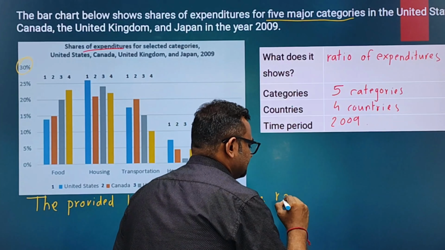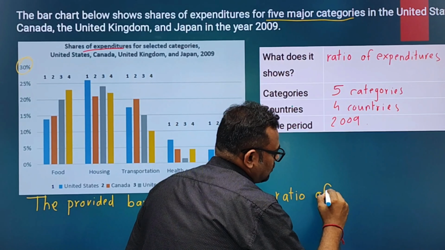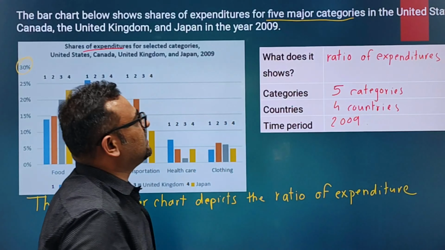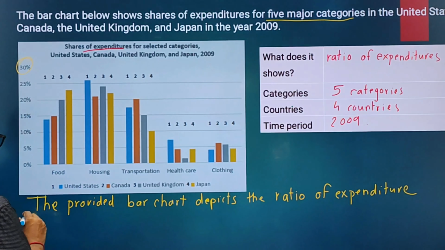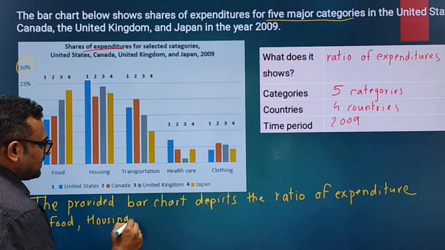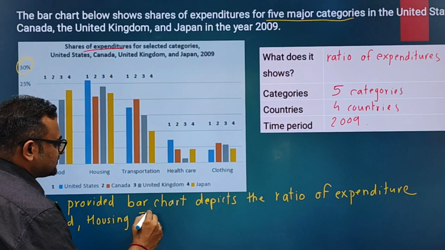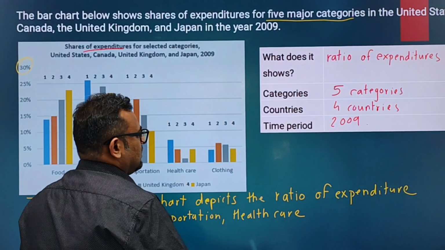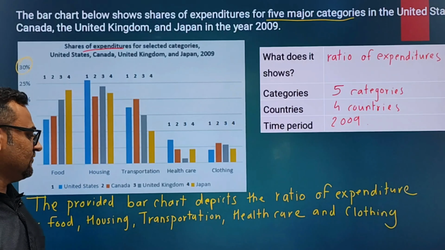The ratio of expenditure for 5 major categories: food, housing, transportation, healthcare, and clothing, in 4 different nations.